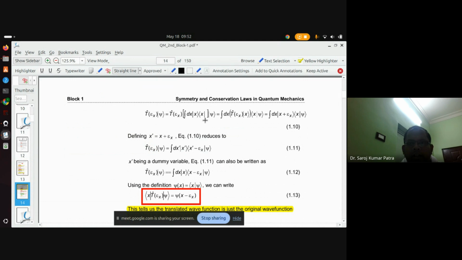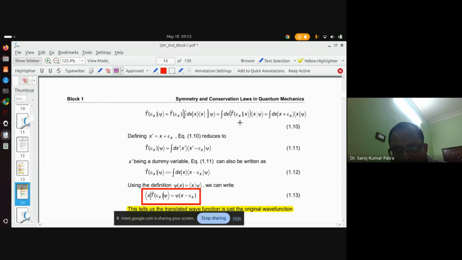So T(epsilon x) operating on psi will give T(epsilon x), then an identity operator operating on psi. Now once this part is done, we'll take this T(epsilon x) inside the integration.